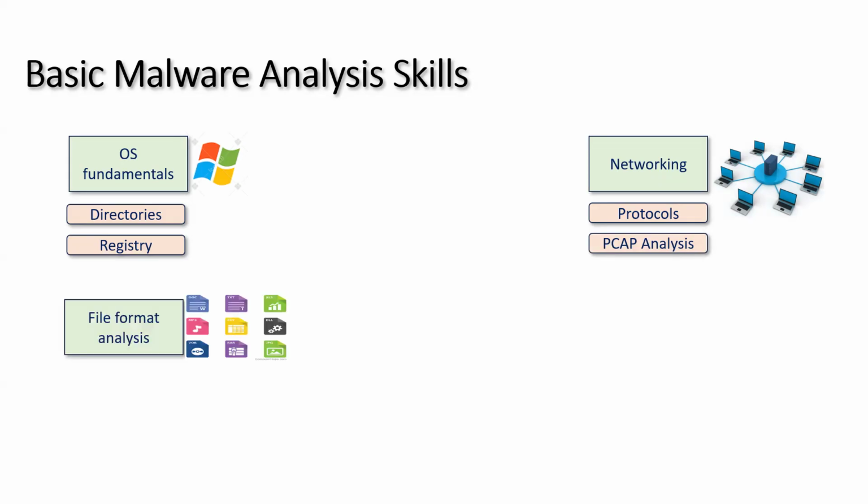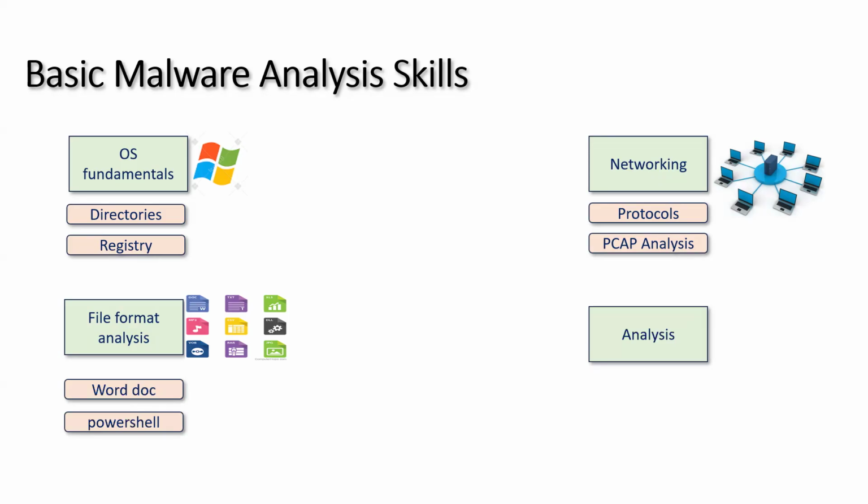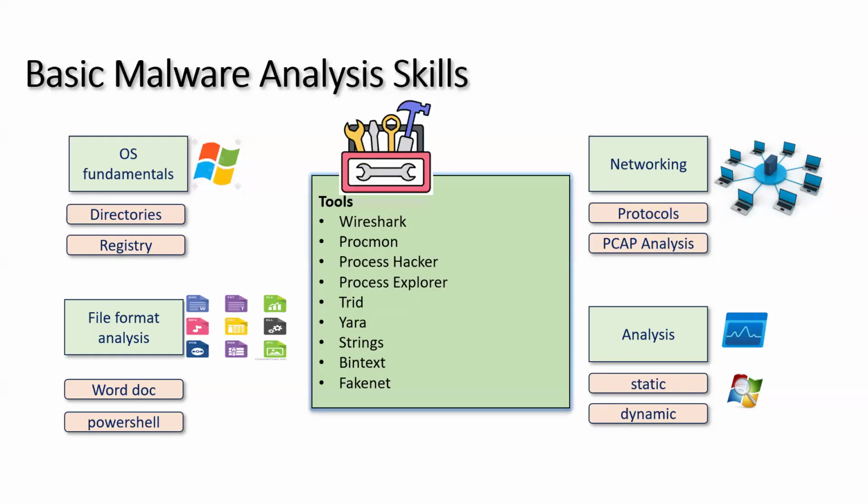They should be able to analyze different file formats like Microsoft Word document, PowerShell. They should be able to carry out analysis using tools like Procmon, Wireshark, and Process Explorer and Process Hacker. They should be able to carry out static and dynamic analysis. The tools they should know is Wireshark, Procmon, Process Hacker, Process Explorer, TrID, Yara, Strings, BinText, FakeNet, and many other tools.